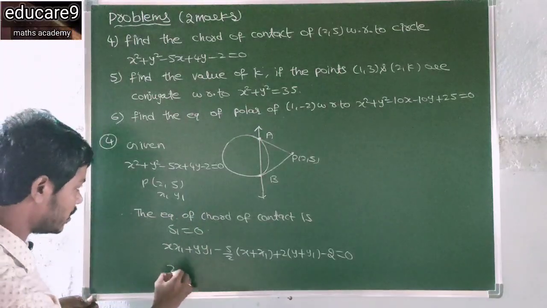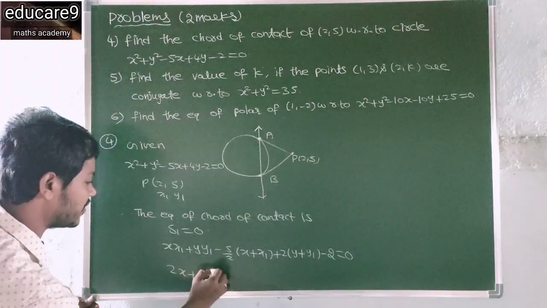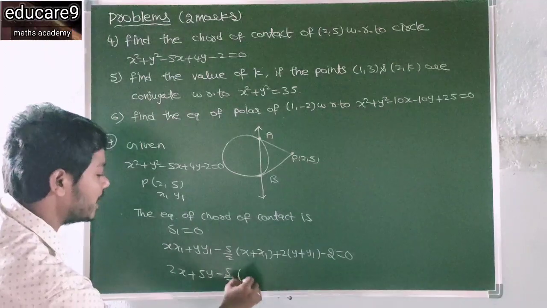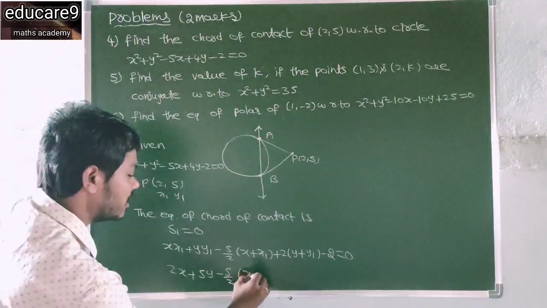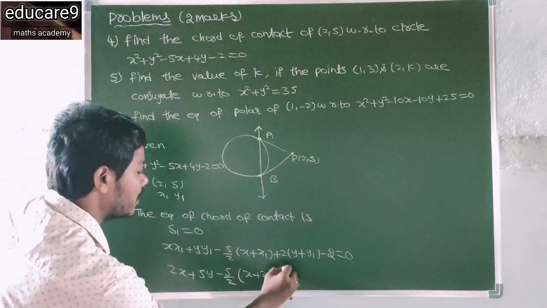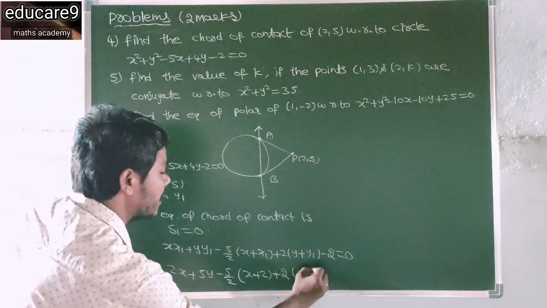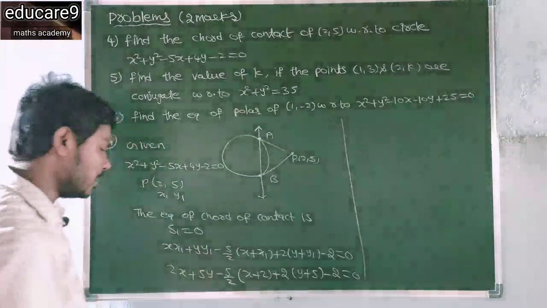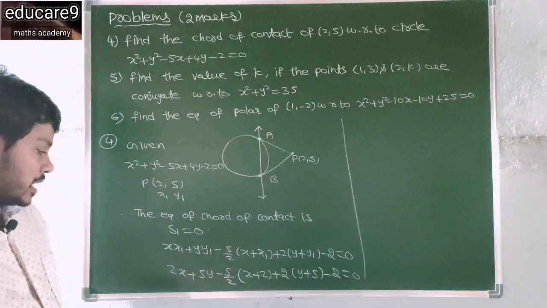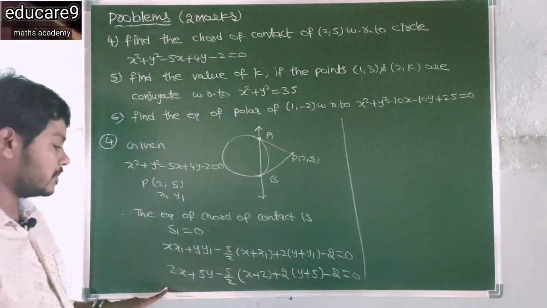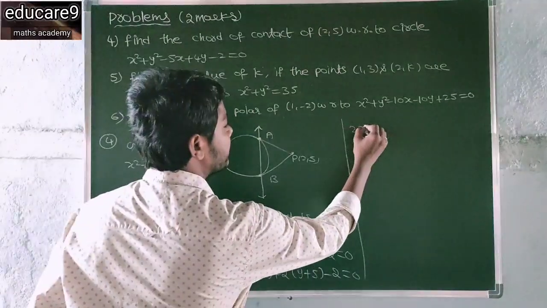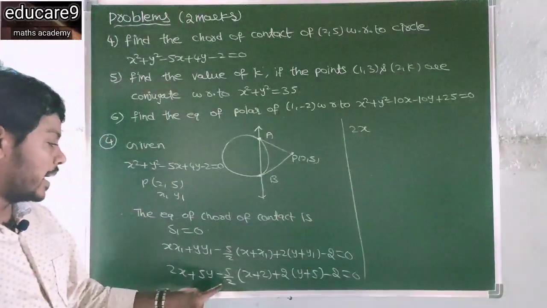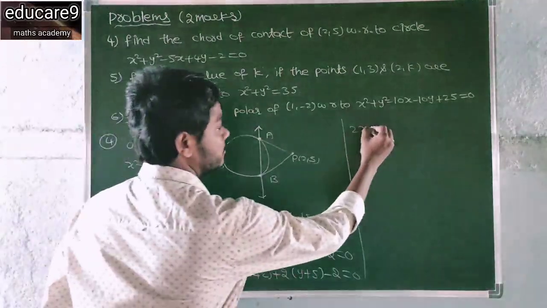What you get? 2x plus 5y minus 5 by 2 into x plus x1, that is x plus 2, plus 2 times of y plus 5, minus 2 is equals to 0. Okay. So see here, this is 2x minus 5 by 2x.